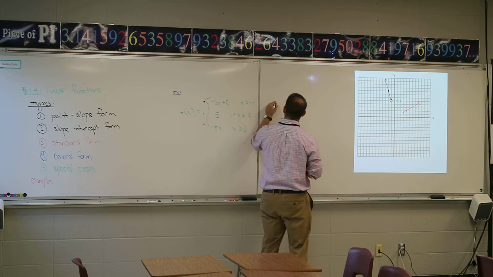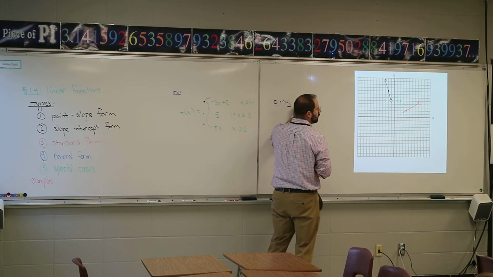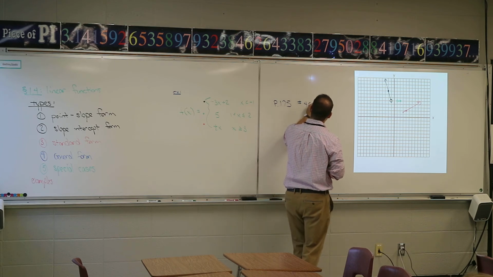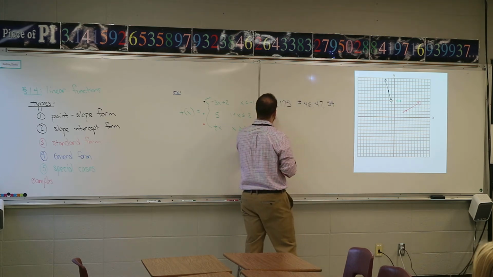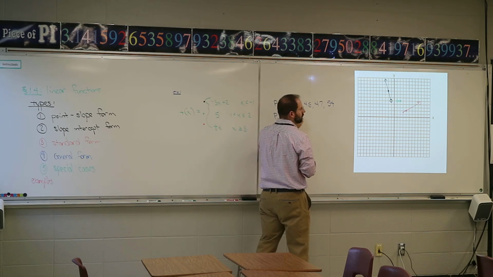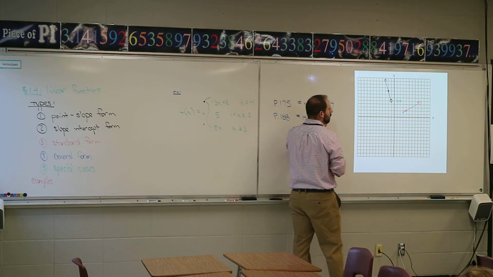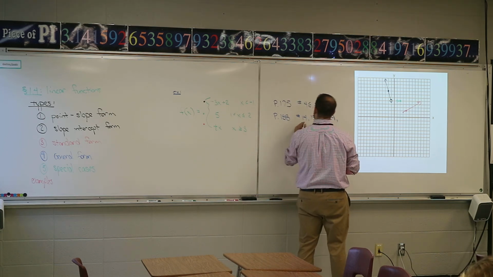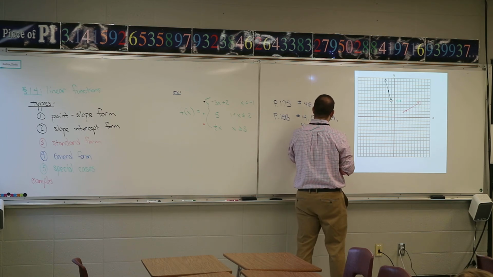So page 175, numbers 46, 47, 54. You're going to graph all those, and then page 188, numbers 14, 15, 22, 29, 30, 46, 38.